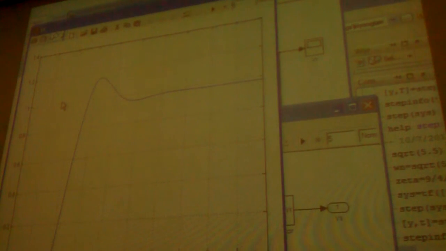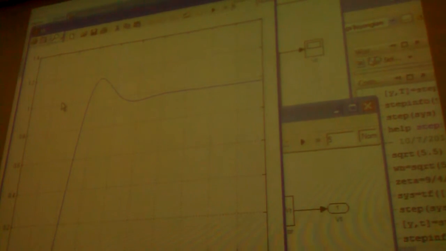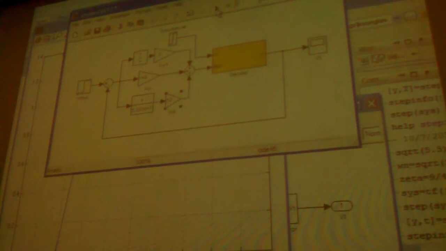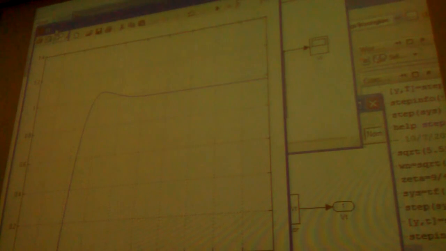For your case, 5 is probably not going to work. So I can increase it to 10, because she found that too. Let's see, 10. Did it work? What is the value here?